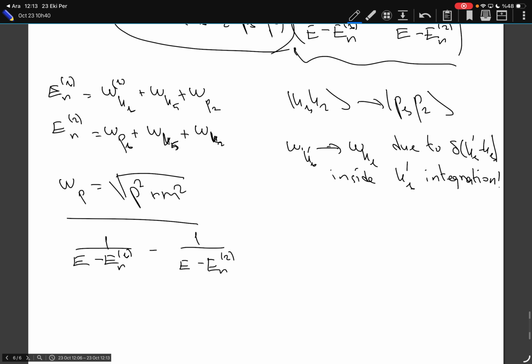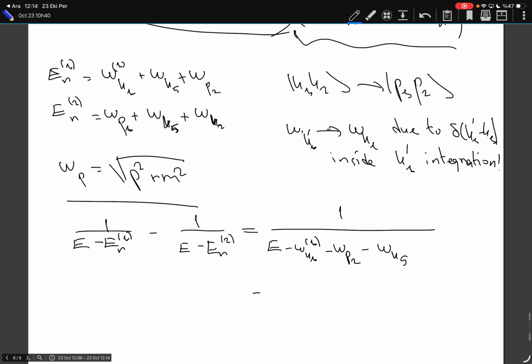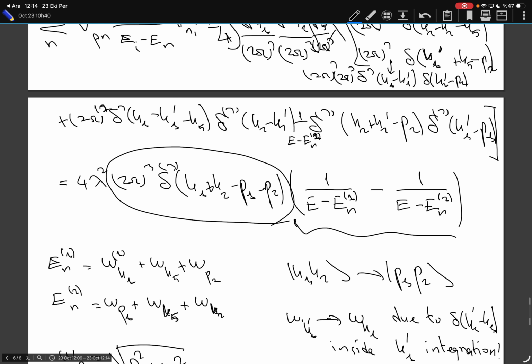Let me first write it out explicitly. 1 over E minus omega K1 minus omega P2 minus omega K5 plus 1 over E minus omega P1 minus omega K5 minus omega K2. Now minus or plus? That's plus.